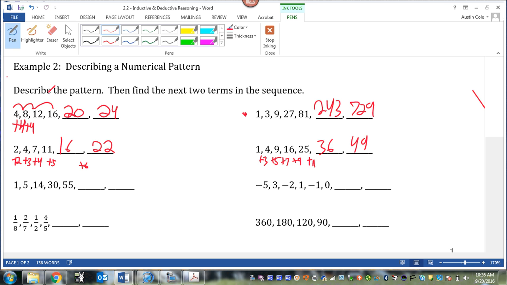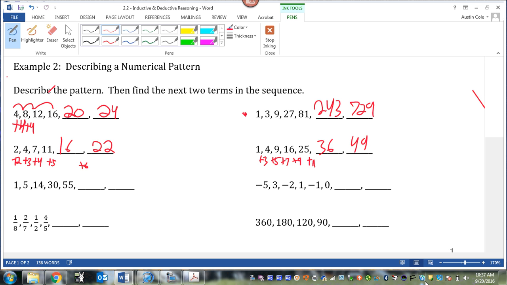Okay, 1, 4, 9, 16, 25. So that is going to be 36. So we do plus 36, plus 49. 91 and 140. Perfect square number.